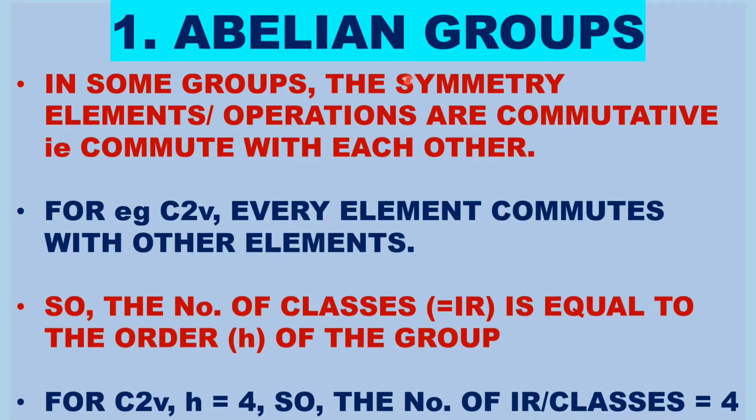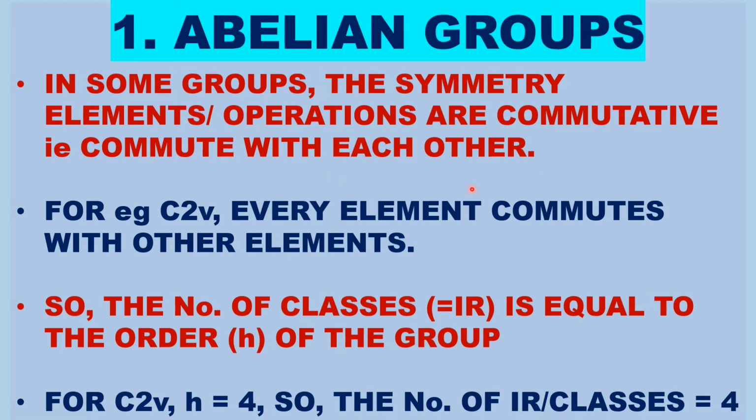What is called abelian group? In some of the groups, the symmetry operations or symmetry elements present in the point group are commutative with each other, or symmetry elements commute with each other. For example, A and B are symmetry elements.